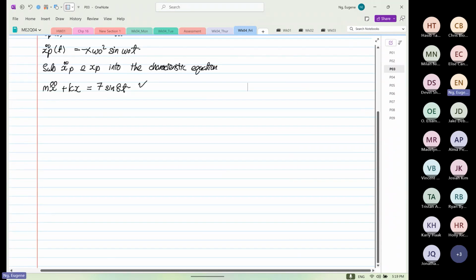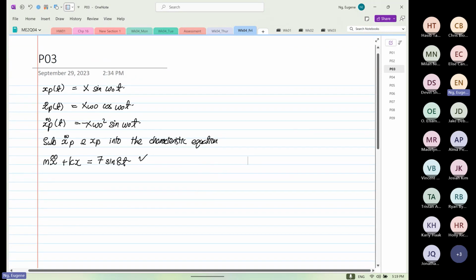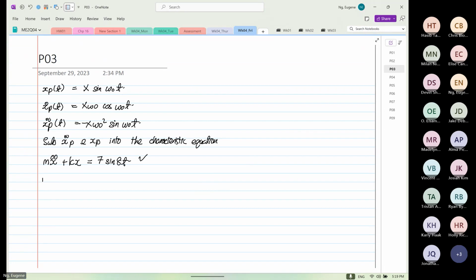So we know, okay, we're going to substitute everything into a characteristic equation. So you have m bracket minus x omega naught squared sine omega naught t bracket. And then you have what?